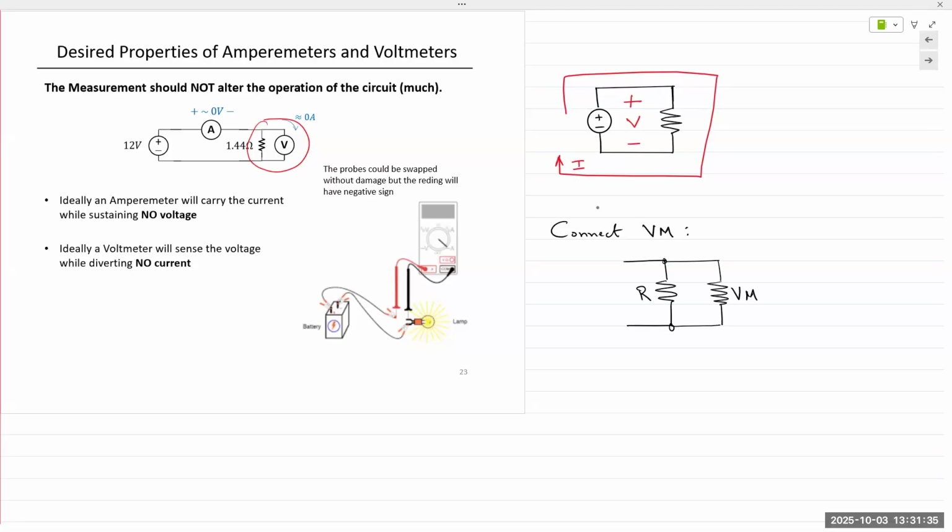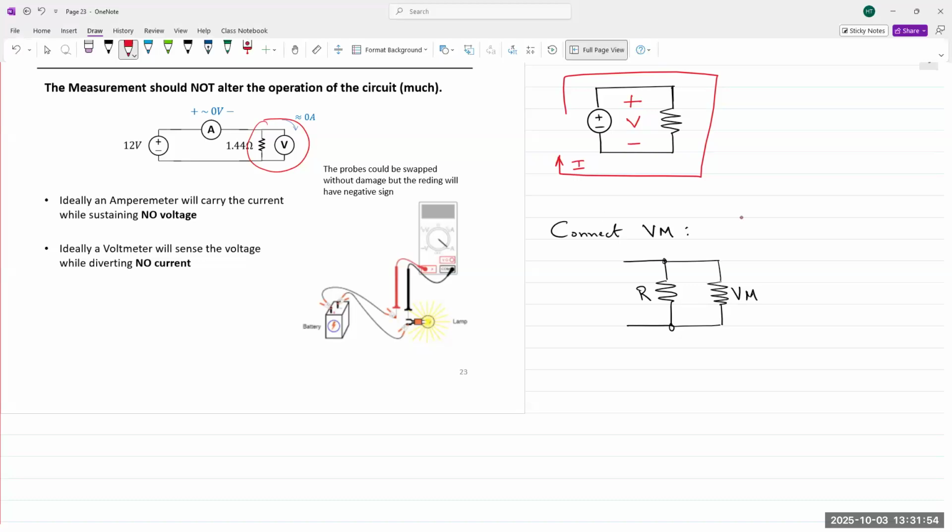So what is happening? We have an electrical instrument, and between its two terminals it has some resistance. If we connect it in parallel with another resistor, there is a possibility that the voltmeter could pull some current away from the source.